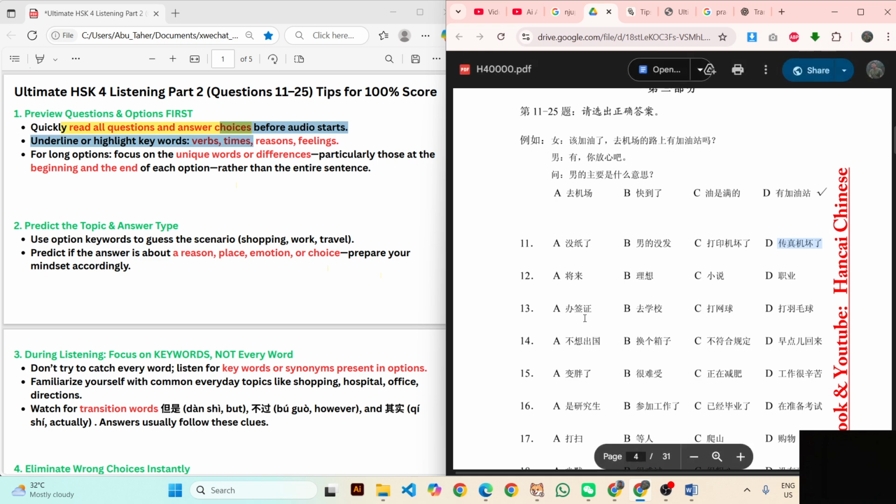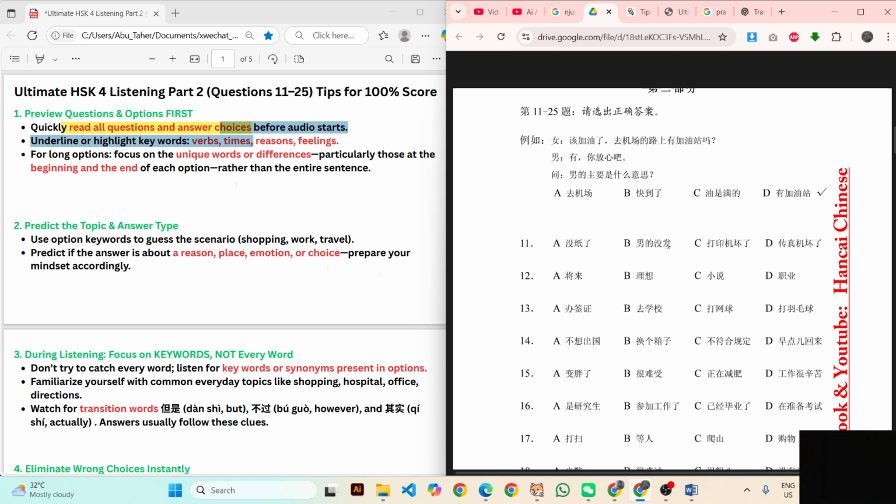So as I told you before, you have to read all of these options within 5 or 6 seconds. Maybe now you feel it's difficult, no problem. You have to practice day by day, and you can improve your ability. So here, which word do you need to focus on? This one, zhi, because there is no verb here.